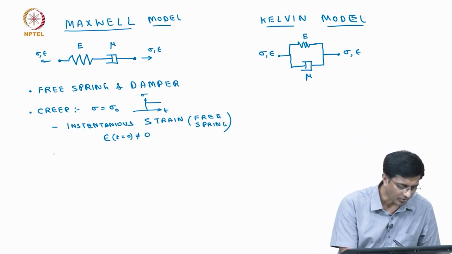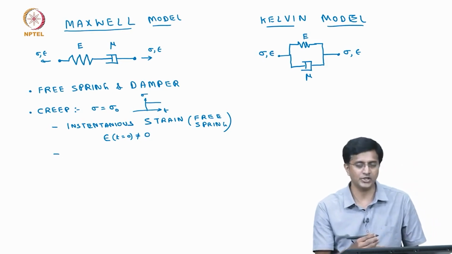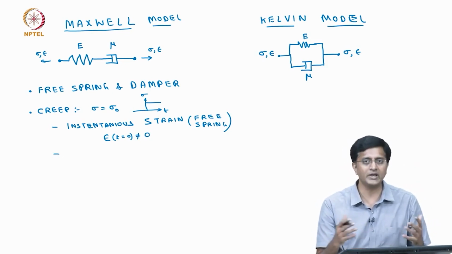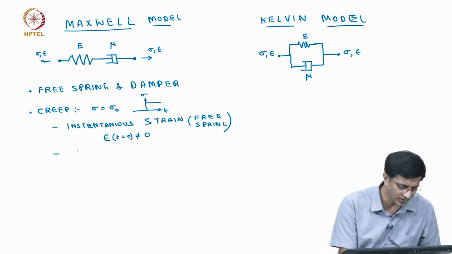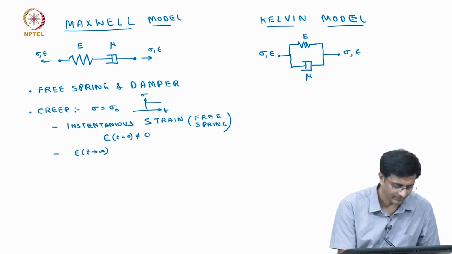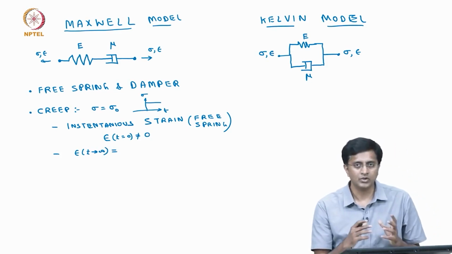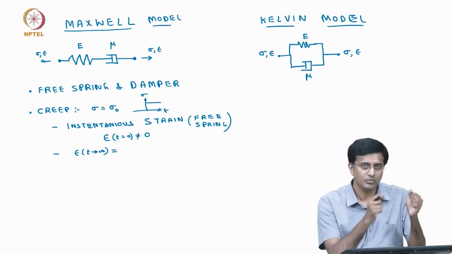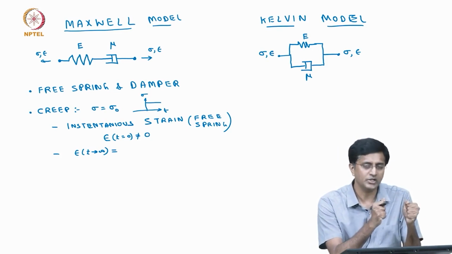And what about the equilibrium strain, or if we wait for very long times, how will that strain look? Now we are talking about time tending to infinity. So, let us think about each element at a time.